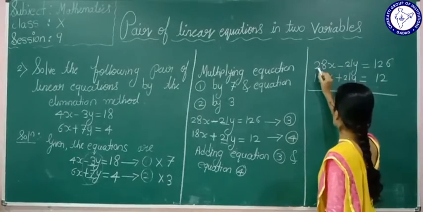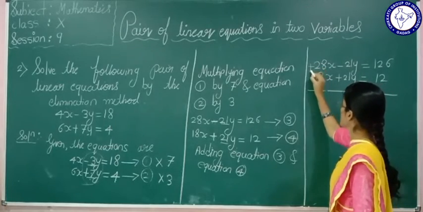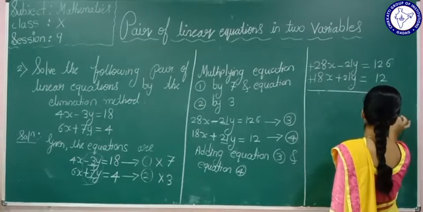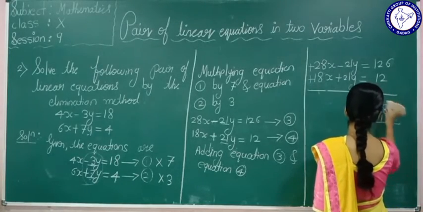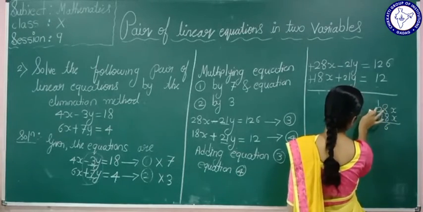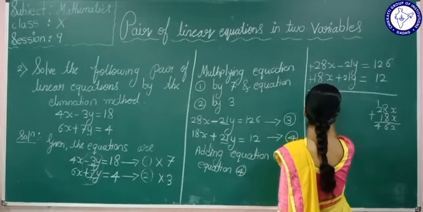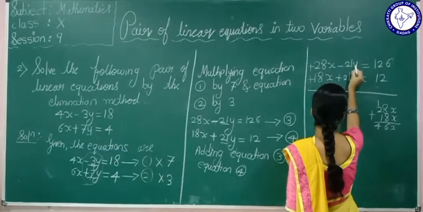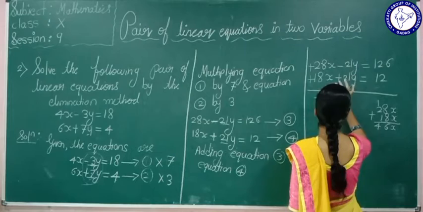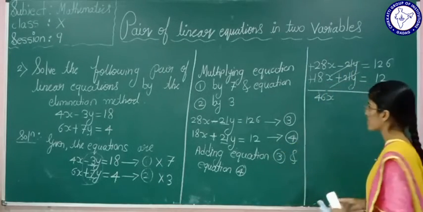Now see, what is 28x plus 18x? 8 plus 8 is 16, 1 plus 2 is 3, 3 plus 1 is 4. It is 46x. Now minus 21y plus 21y will cancel.